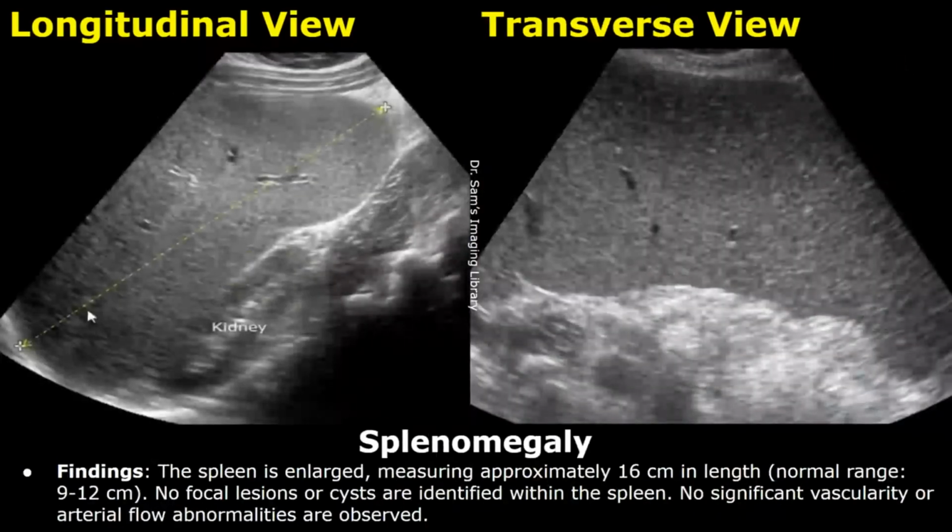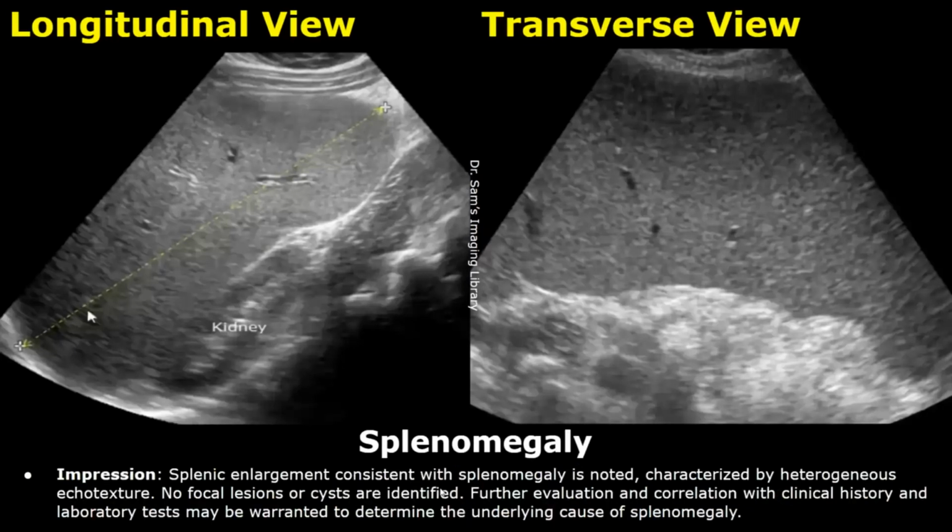Here is a case of splenomegaly. In the findings, you must mention that the spleen is enlarged and write its size. Here is the impression. Splenic enlargement consistent with splenomegaly is noted, characterized by heterogeneous echo texture.